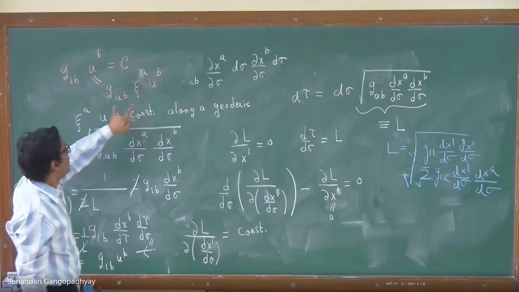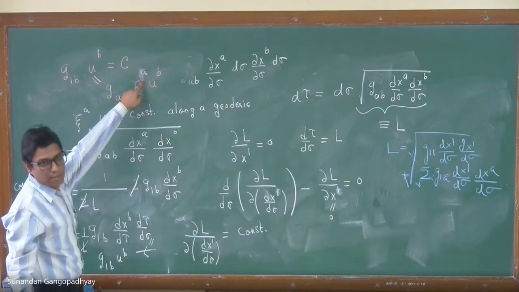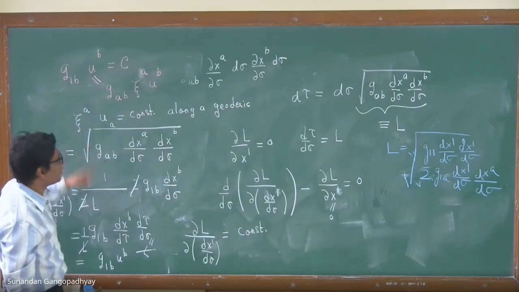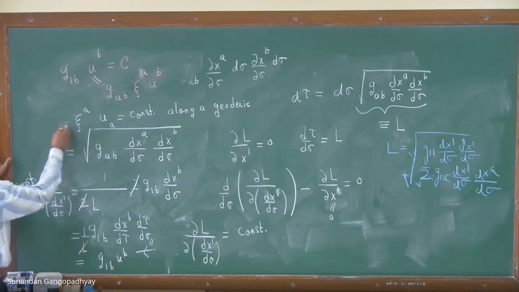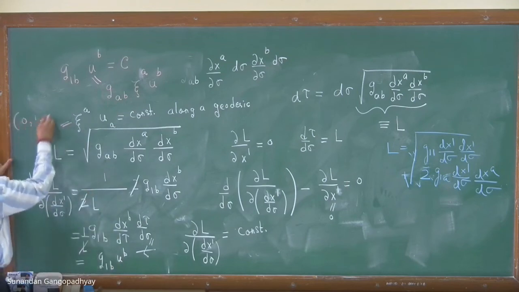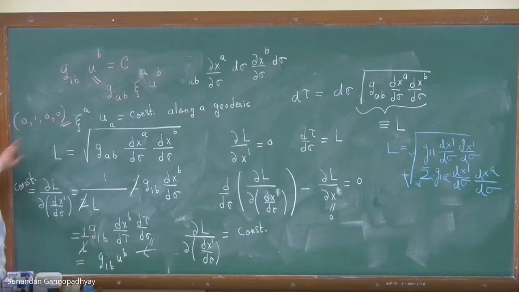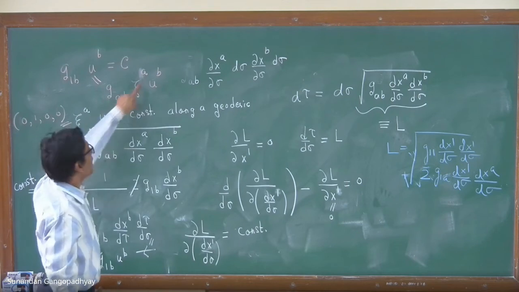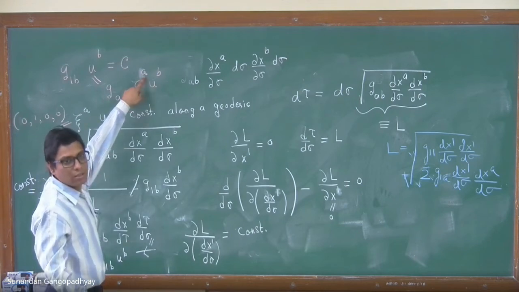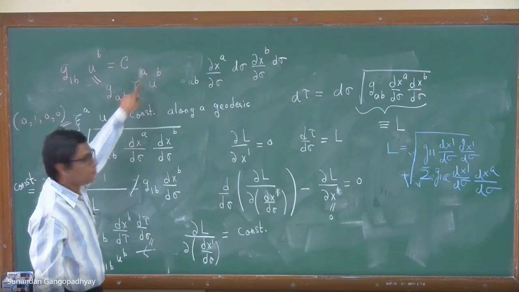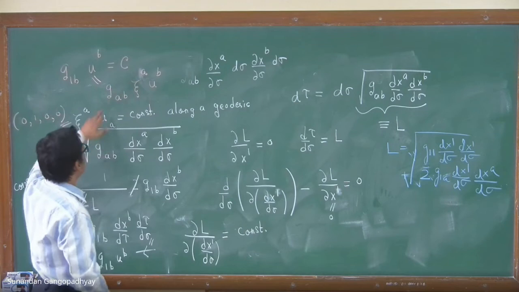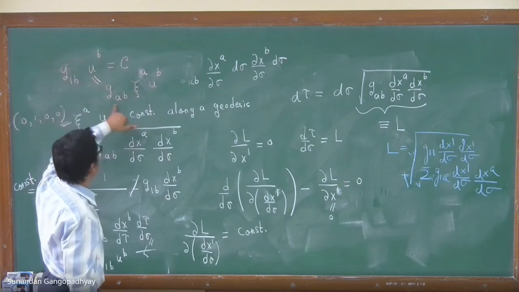Why? Because Xi^A has only one component. If you remember Xi, what was Xi? Only the one component is nonzero, all others are zero. So if you sum, Xi^0 is 0, Xi^2 is 0, Xi^3 is 0. So only one will survive, the 1, 1. So this g1B you can write as g_AB Xi^A.